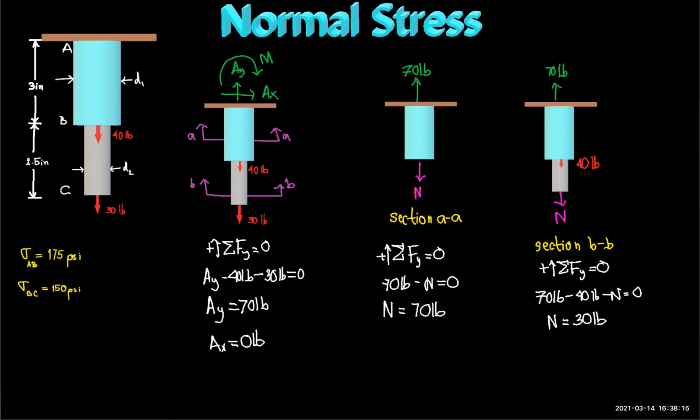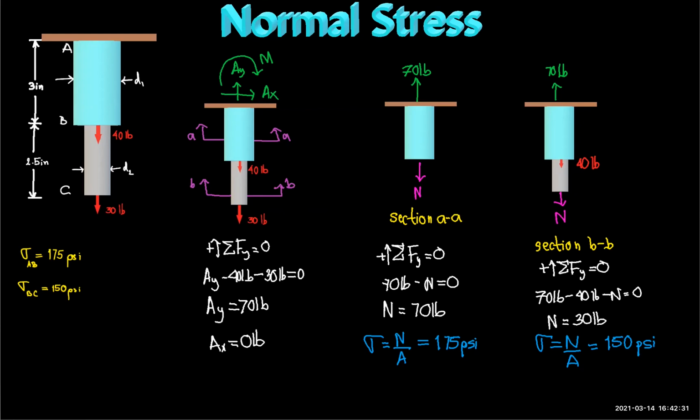Now we have almost everything done. Once the internal forces acting along each member are found, we can go ahead and start calculating the normal stress. And from there, we are able to find D1 and D2. If we recall from the last video, we know that the normal stress on a member is equal to the normal force divided by the cross-sectional area.